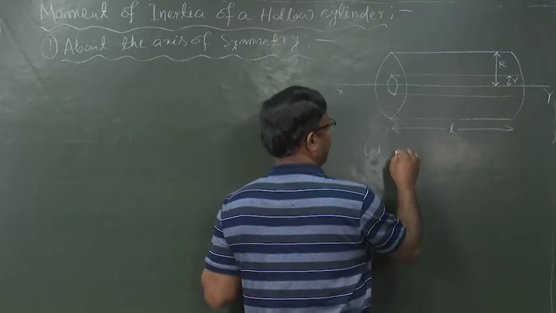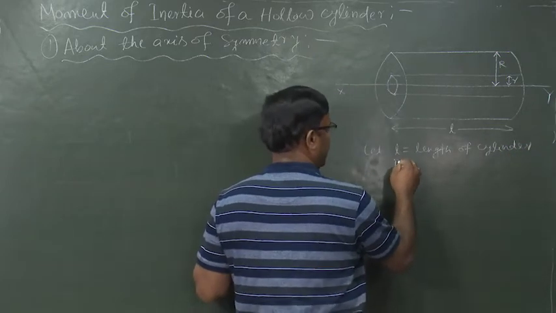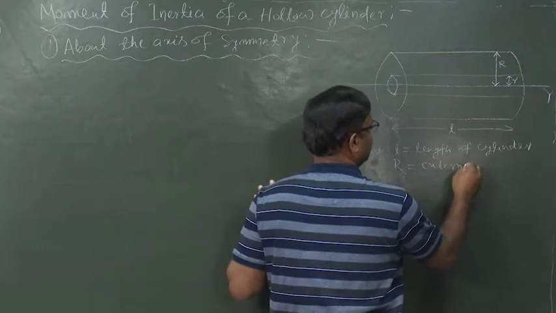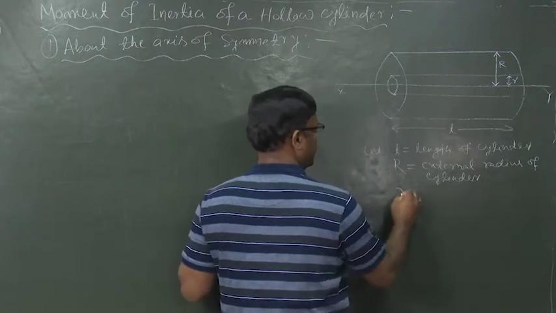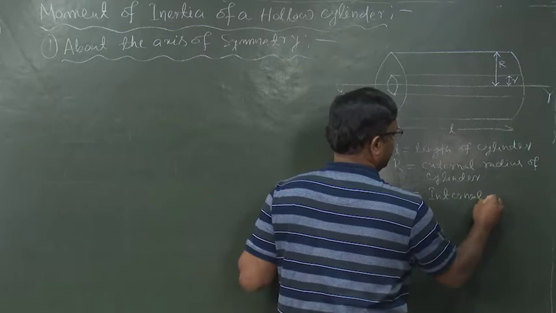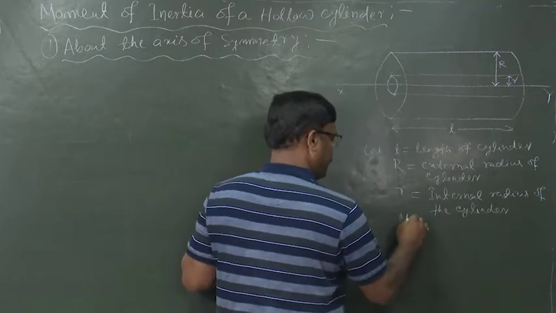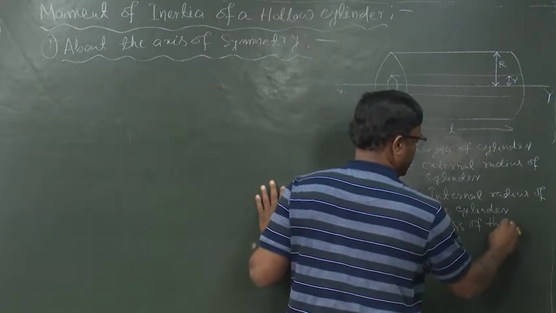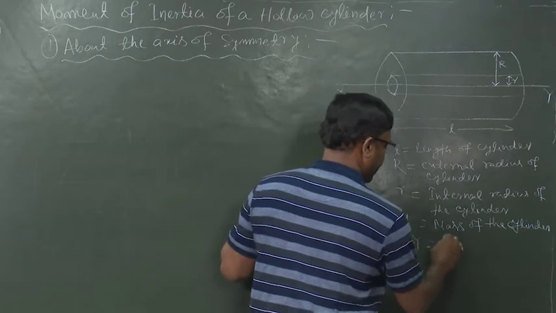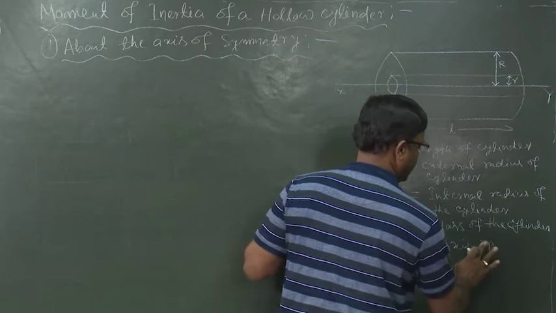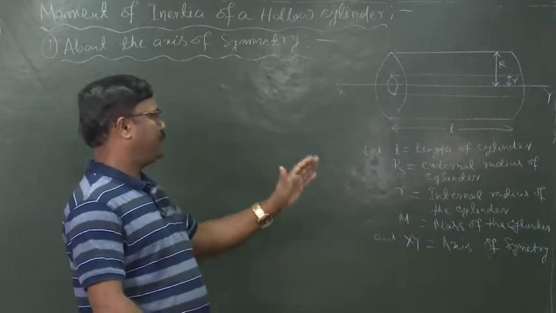Let L be the length of the cylinder, capital R the external radius of the cylinder, small r the internal radius of the cylinder, M the mass of the cylinder, and XY the axis of symmetry about which the moment of inertia is to be calculated.